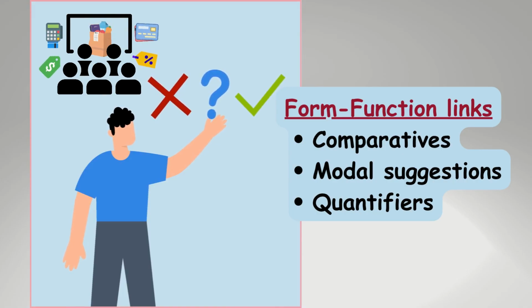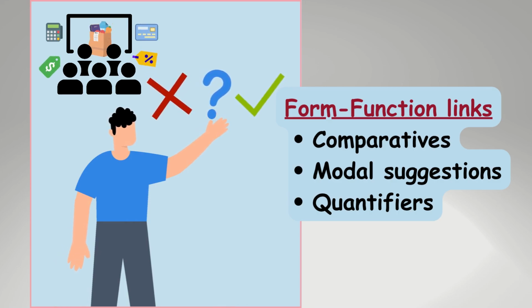For example, it's cheaper than or it's more expensive than. Modal suggestions like we could get versus we need to get. And quantifiers like too much and not enough. These will almost certainly have come up in the budget shop activity.